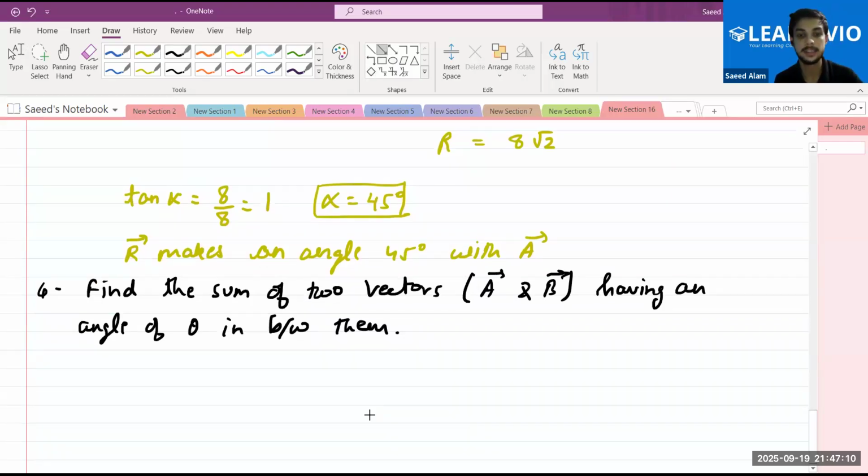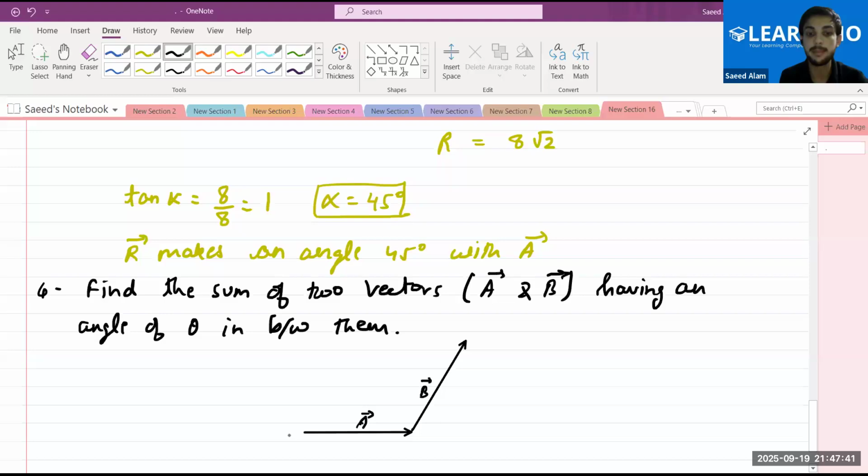So we'll start the process as it is, the way we had completed it till here. Let's say this is A and this is the other vector, B, that I'm marking here. This is the B vector, and this is the A vector.